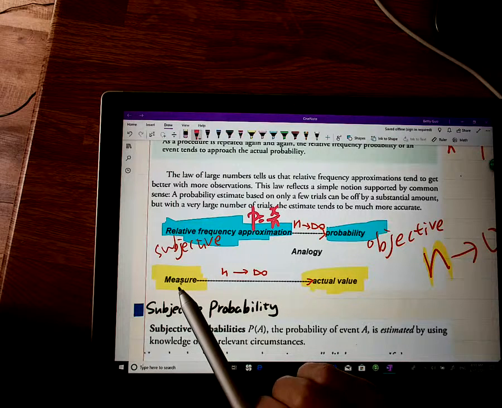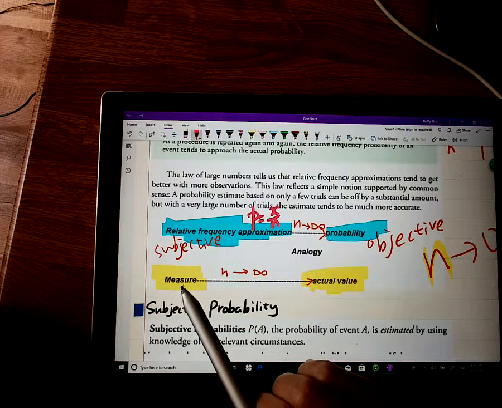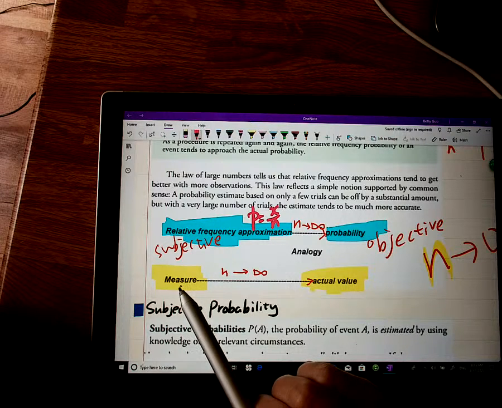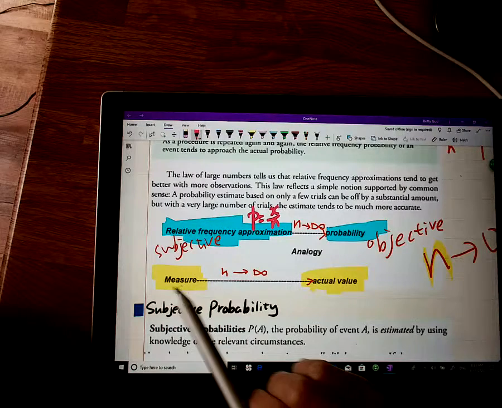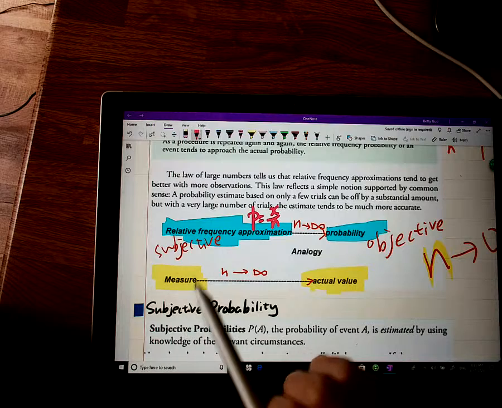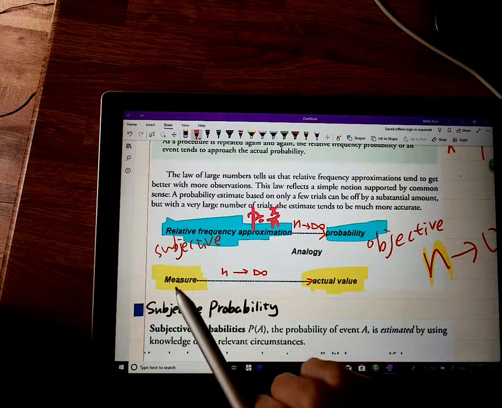Even for yourself, the measurements you get using different tools would be different. If you use a very accurate tool, you would have a more precise measurement. So a measurement is subjective. It depends on the person that measures the length, and also on the tool the person is using.